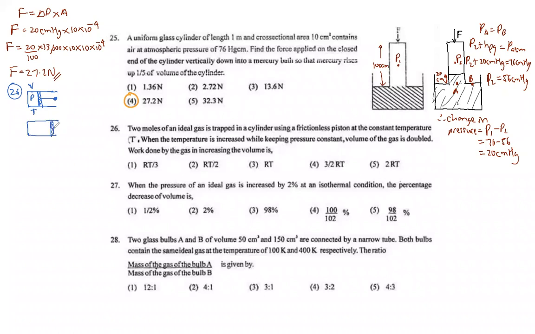So when they double the volume, pressure is still P. The volume is 2V now. Correct? Temperature we don't know. New temperature.